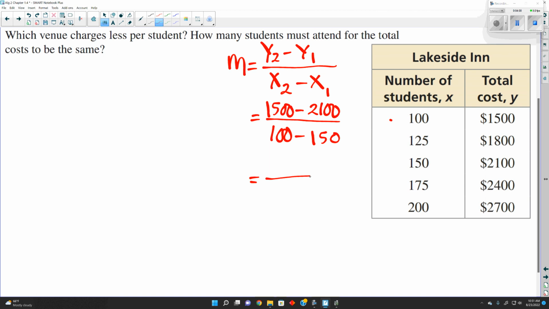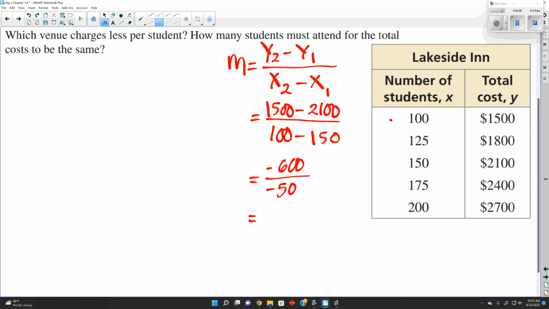If we didn't use the calculator, we can do this by hand. We're doing 1,500 minus 2,100, which is negative 600. Now, 100 minus 150 gives us negative 50. Lastly, we just need to divide these two. Negative divided by negative is a positive, so we need to do 600 divided by 50.